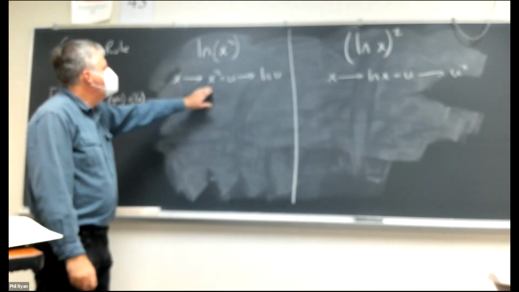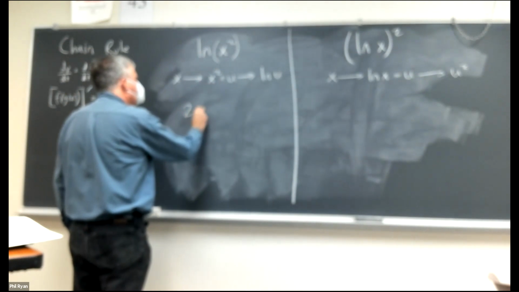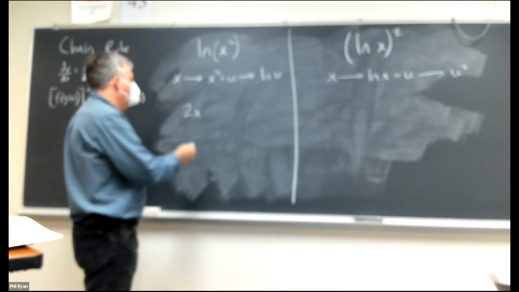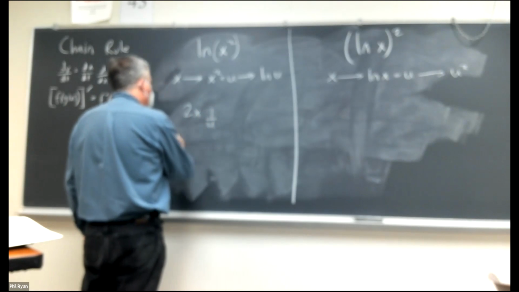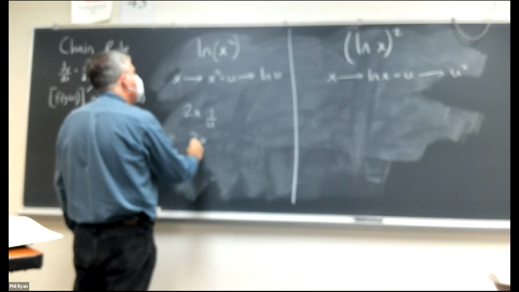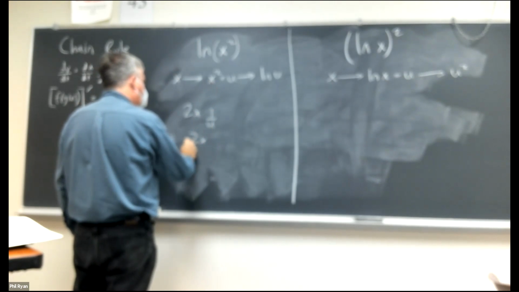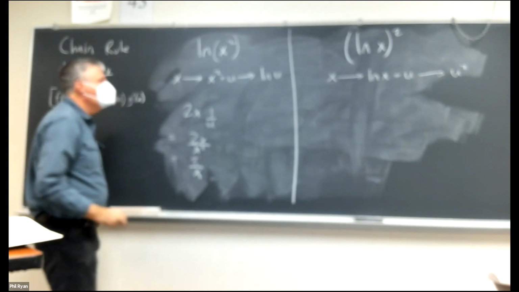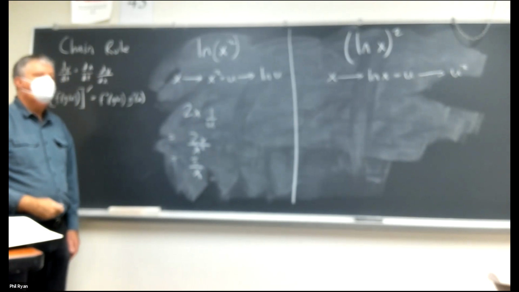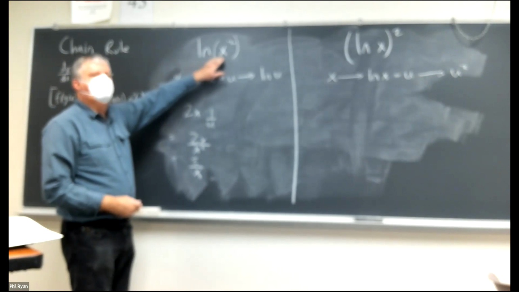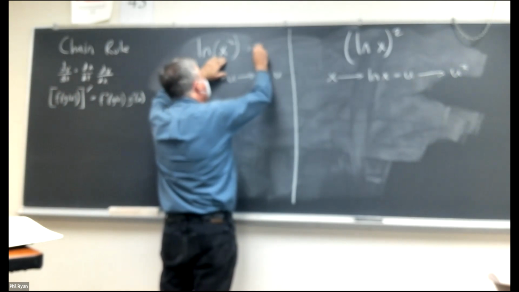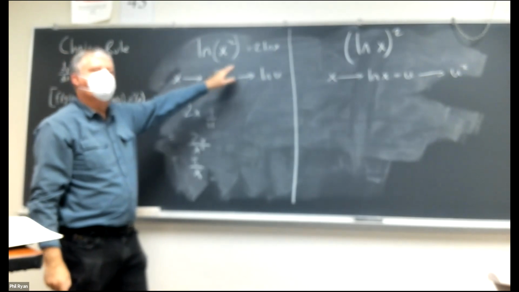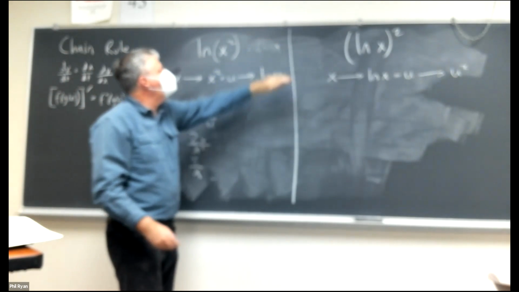Okay, now we take derivatives. Derivative of x squared is 2x. Derivative of ln of u, 1 over u. So that equals 2x over x squared, equals 2 over x. Because of course ln of x squared by the log laws equals 2 ln of x. So we could have saved ourselves some trouble if we'd seen that, but that's beside the point.